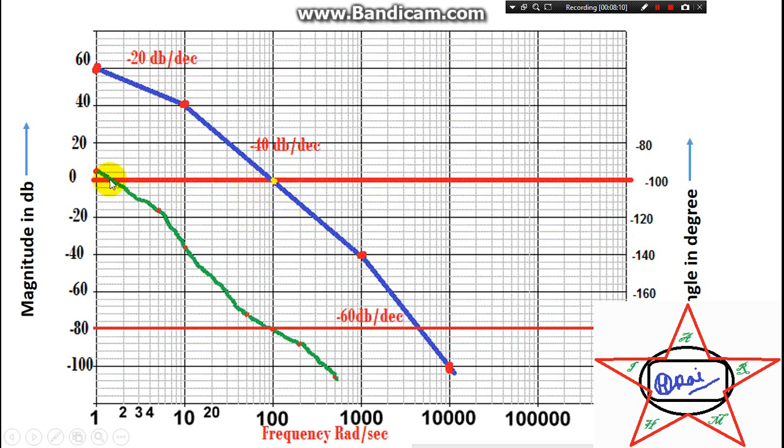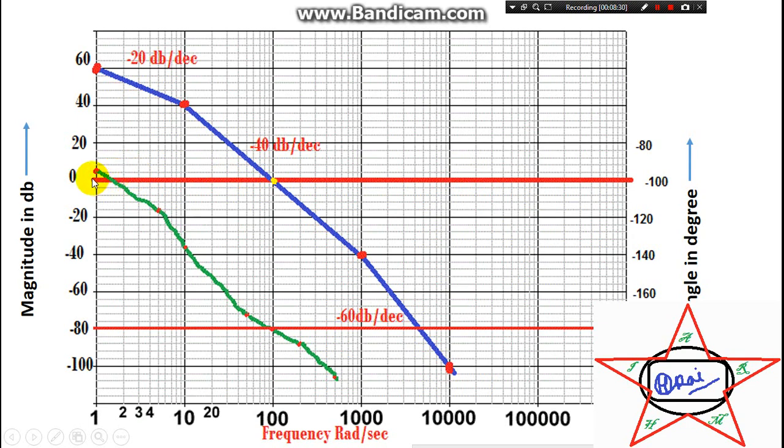This 0 dB line I have drawn as a red line, and the minus 180 degree line I have also drawn with a red line, because while finding the phase margin and gain margin, these two lines are very important. I am just giving a brief overview.